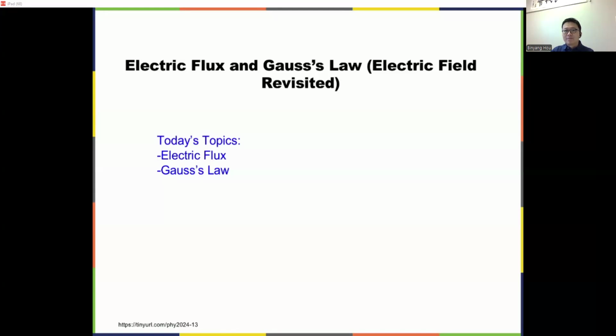A while ago we talked about electric fields for charged particles, and also the electric field produced by the parallel plates. Today we're going to go back to the topic of electric field, and I'm going to introduce you to another way of calculating electric field based on different types of charges.